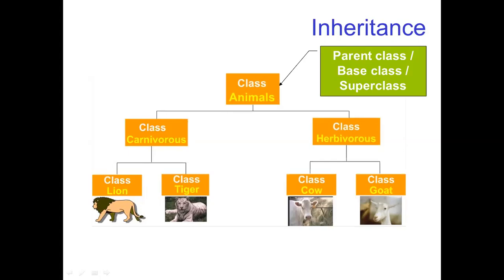So we keep on creating new classes with the help of the previous class. See the class Cow and class Goat. Goat belongs to the herbivores. So like this, it's the sample picture you're viewing on your screen. That's inheritance.